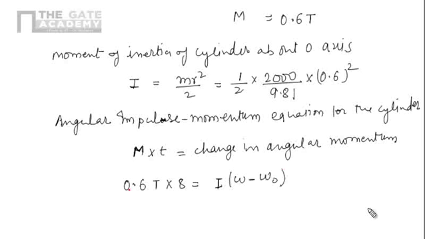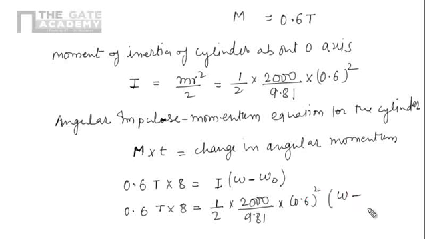Since it is released from rest, omega naught will be 0. So we can rewrite it as 0.6 T into 8. I, we know, is 1 by 2 into 2000 by 9.81 into 0.6 squared. We have only omega naught as 0, because it is released from rest.